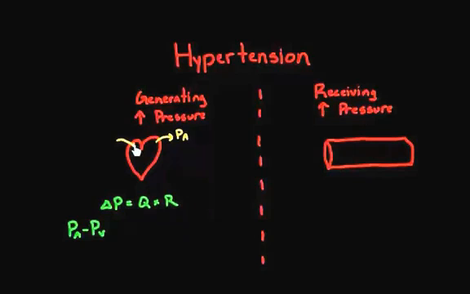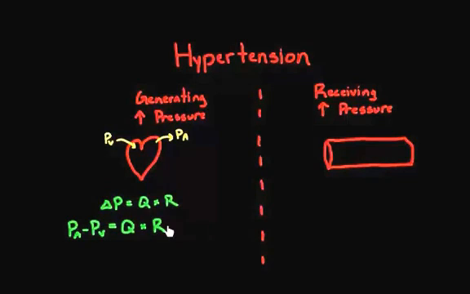And as it enters again on the other side into the atrium, it's got a pressure on the venous side. So we're saying that the pressure leaving in the arteries minus the pressure returning in the veins is what's going to help you take a certain flow of blood, Q, past the resistance in the vessels. So that's a way of thinking about it.